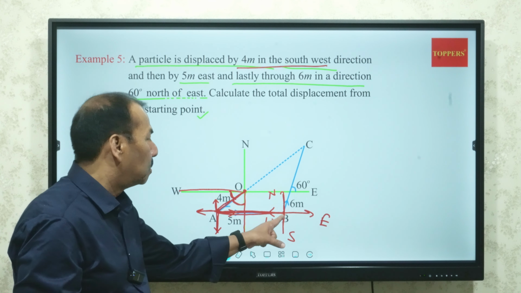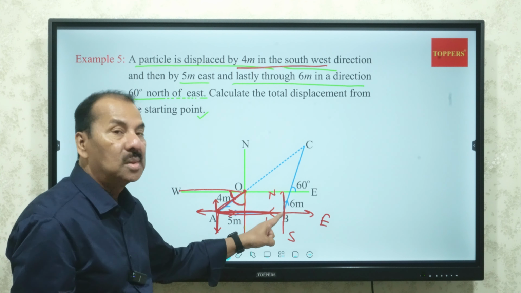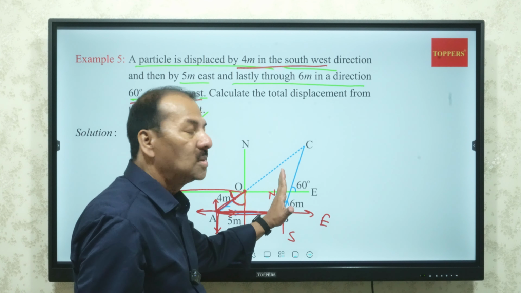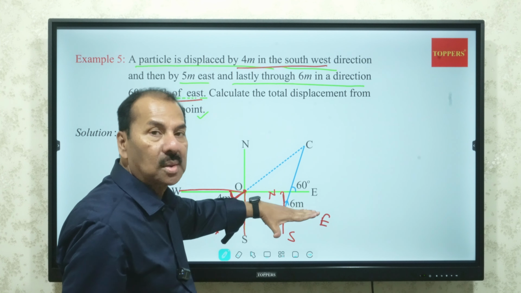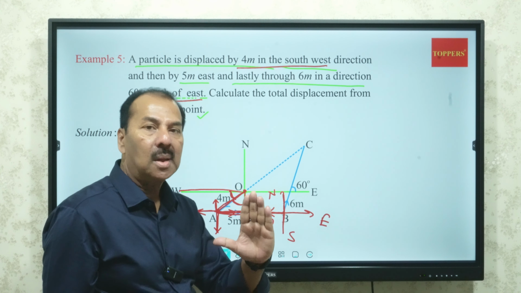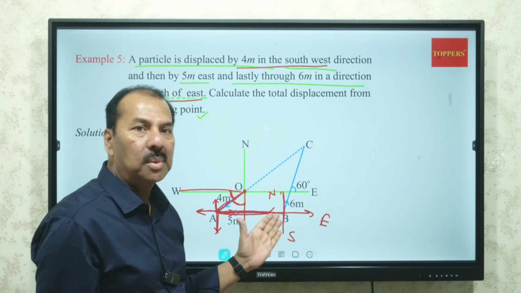This is clear. So for this particular point, now see the direction: 60 degree north of east. So this side is north and this side is east. North of east means from east towards north at an angle of 60 degree.